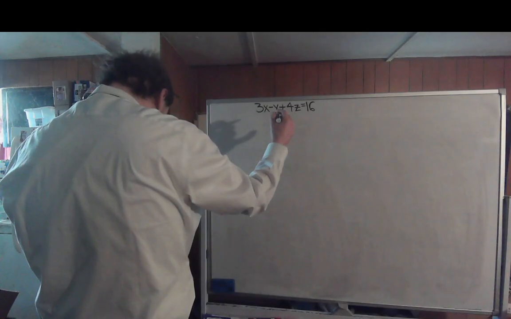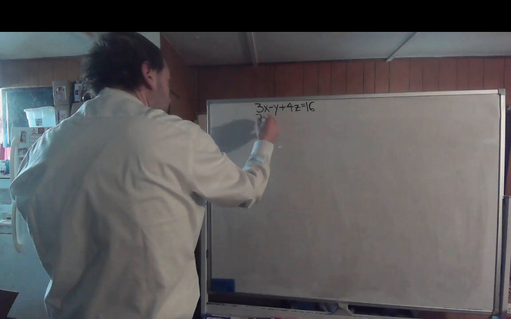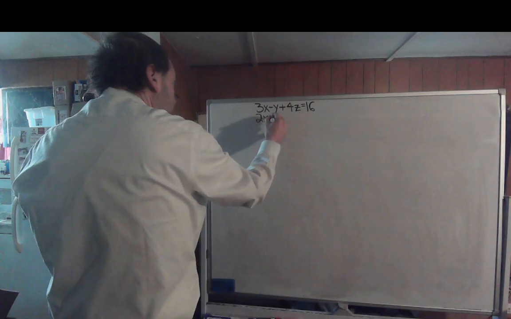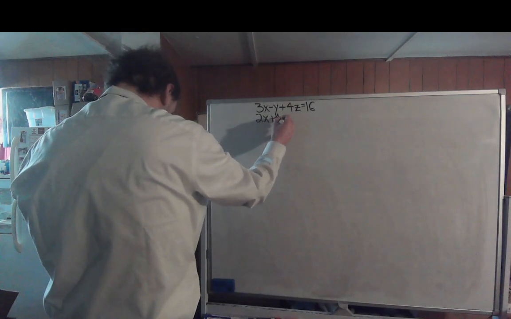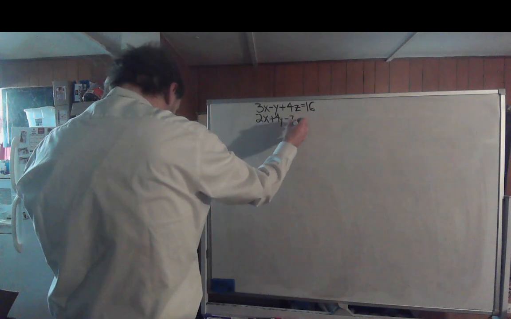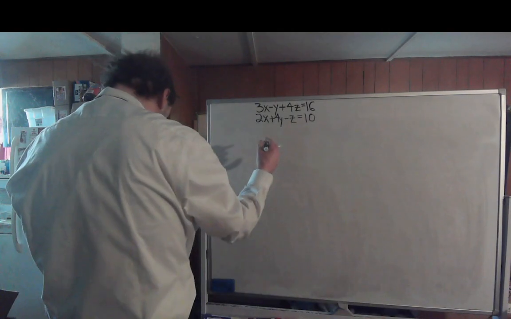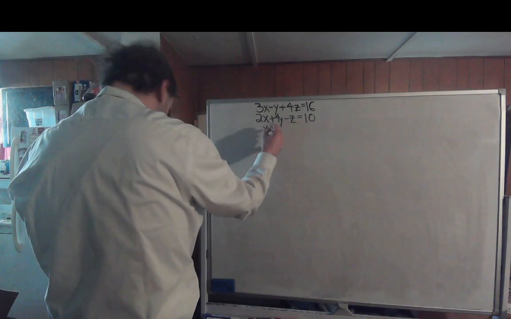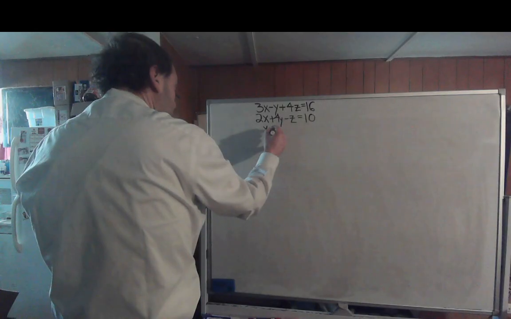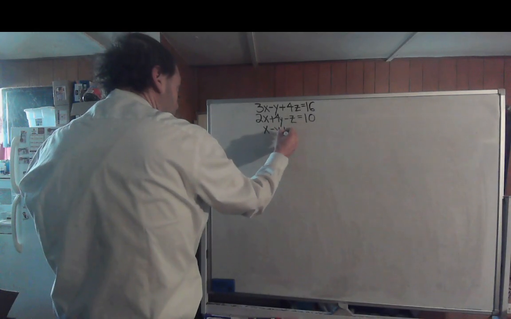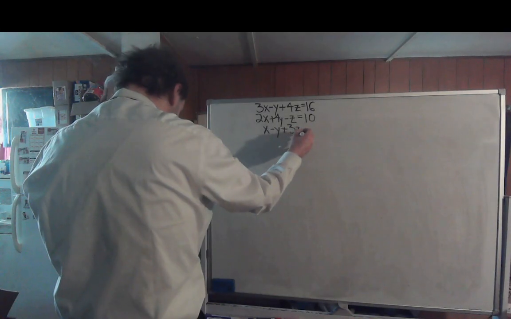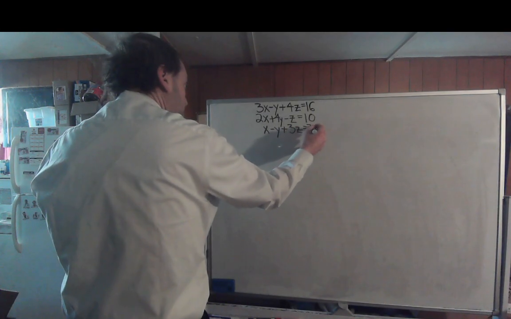We have 2x plus 4y minus z is going to be equal to 10, then we have x minus y plus 3z is equal to 31. So there's the system.